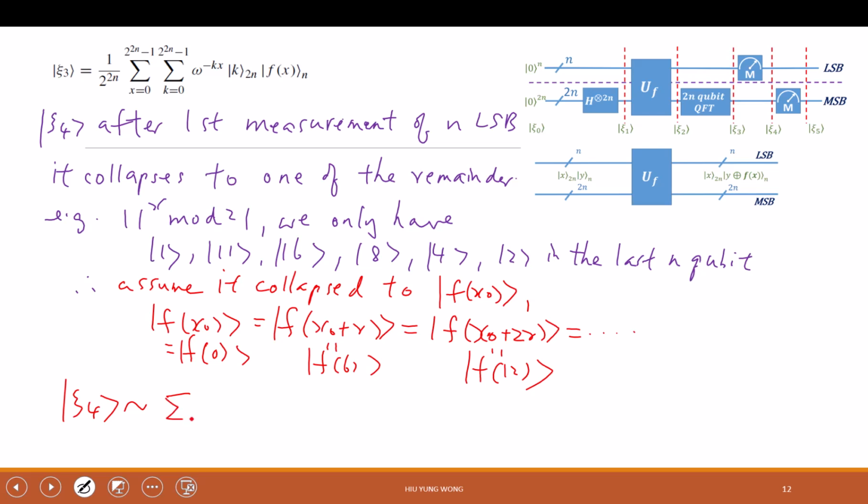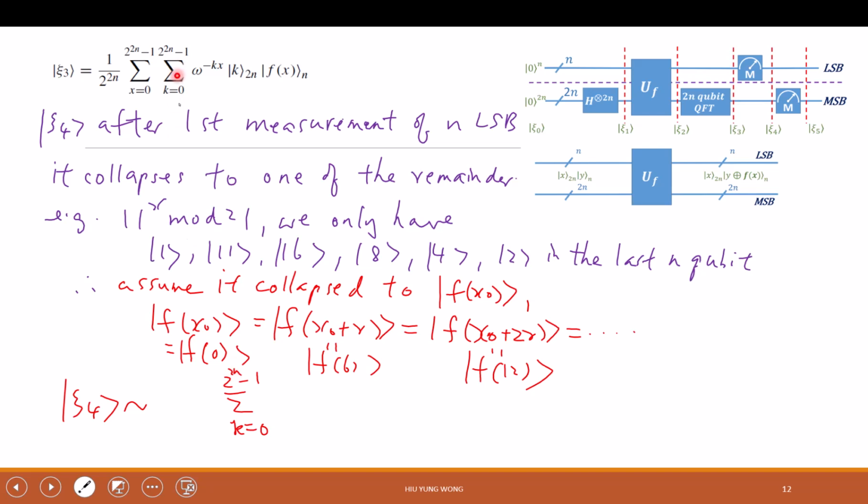First term, summation k equal to 0 to 2 to the power n minus 1.